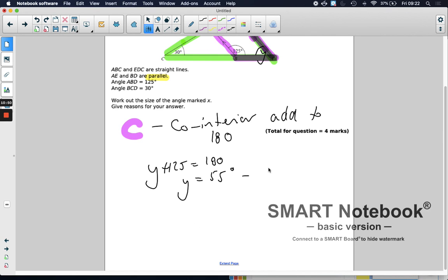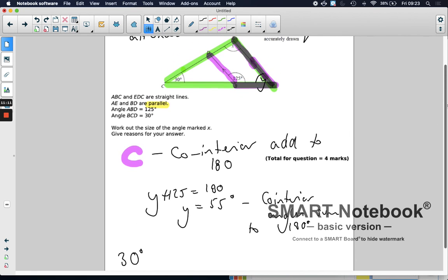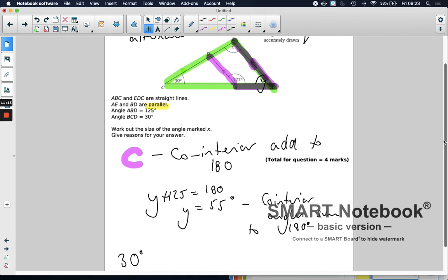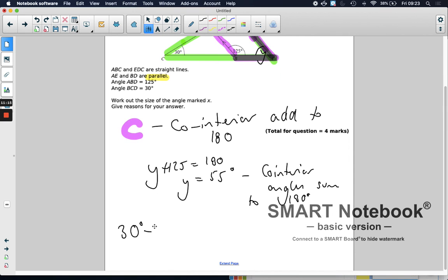I need to say, because co-interior angles sum to 180 degrees, because I'm asked to give reasons for my answer, that 30 degrees, which is this angle here, plus y, which I've already found as 55 degrees, plus x equals 180 degrees.